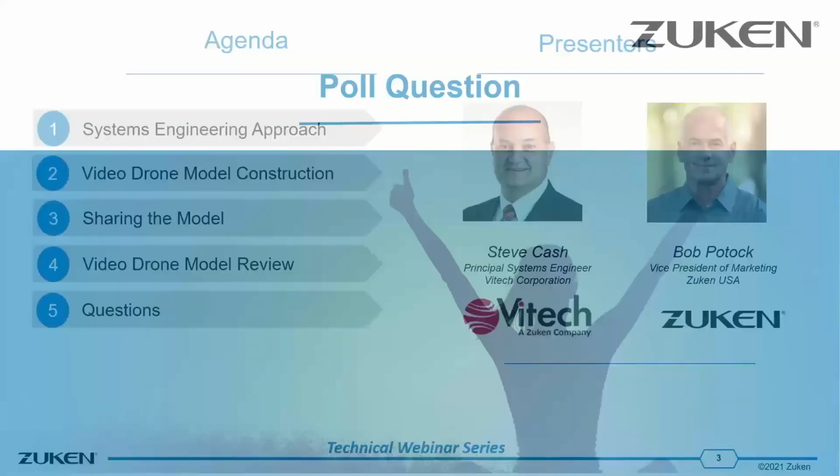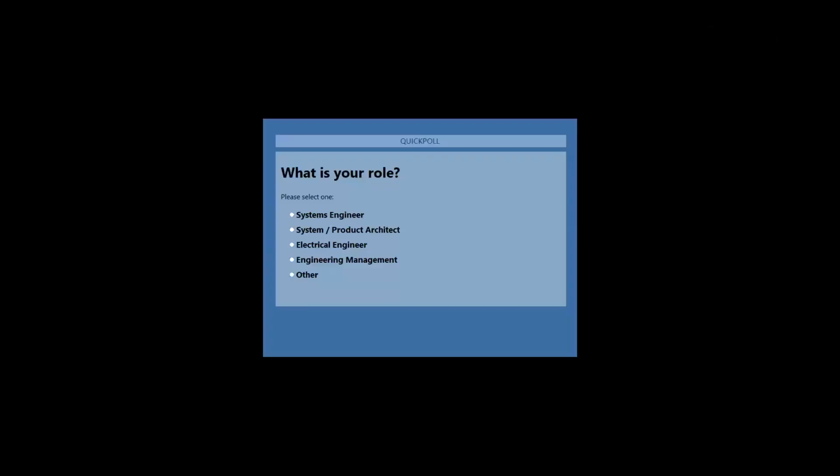So Bob, I think we got a polling question, so turn it back to you. Thank you, Steve. Yes, we do. And we just want to get a feel for what the audience demographic might be. So what is your current role? Are you a systems engineer, system product architect, electrical engineer, engineering manager?